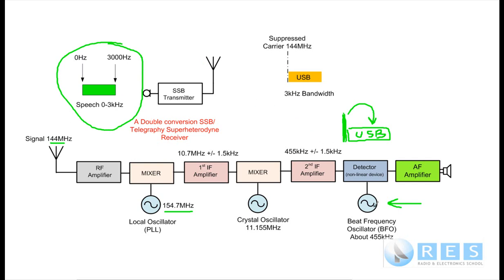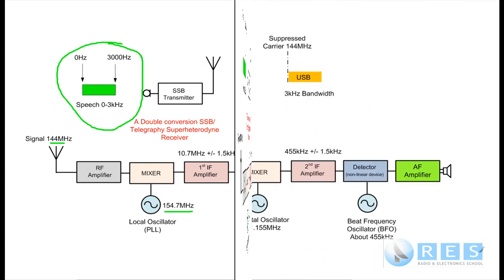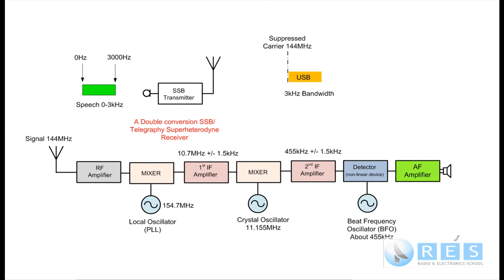We need a beat frequency oscillator. When we use a detector along with a BFO, there's really no change in the detector, but because it's being used in this way with a BFO, it is in fact a frequency changer again, same as the last three.